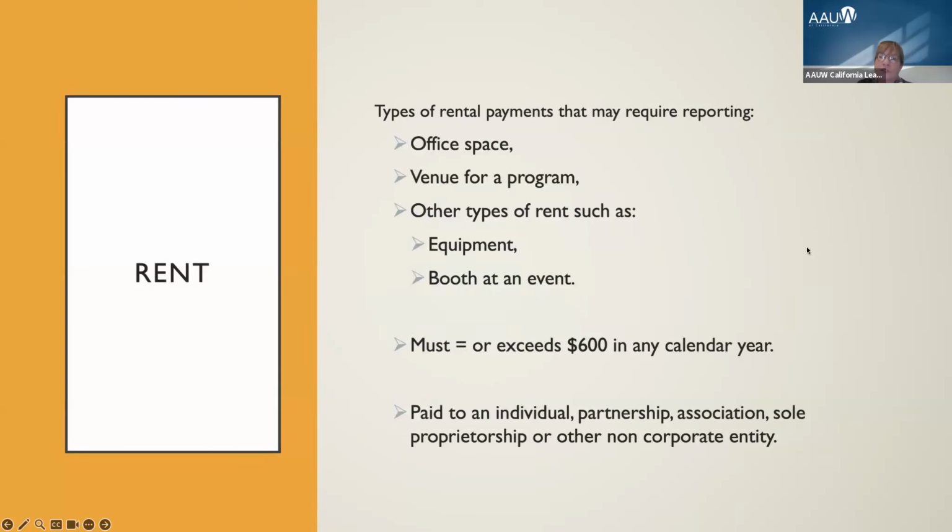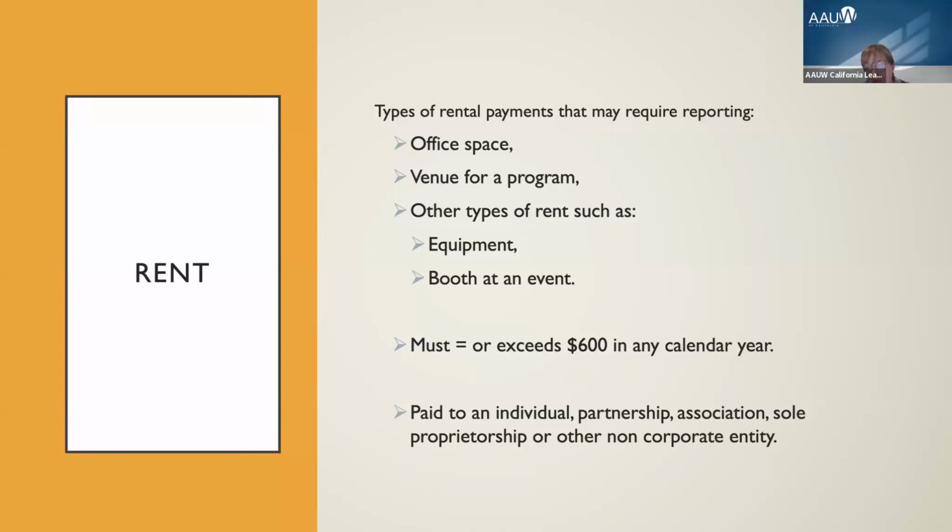So what kind of rental payments? Maybe this says office space when you're looking at the IRS literature, but you may pay rent for your branch meetings to an entity. Some branches will rent from a church or other entity. You might have equipment rental.